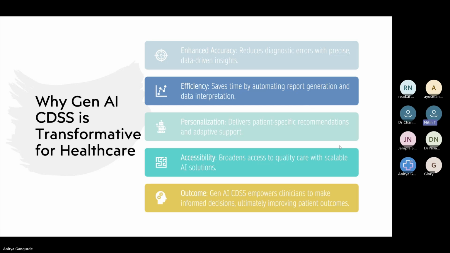So it acts as a trusted assistant. If we have a partner with us, we can definitely ask them what's your opinion, what's the differential diagnosis, what's the treatment you are suggesting. All that we can get in real time from this platform. So the outcome is that it empowers clinicians to make informed decisions, and ultimately our aim is to improve patient outcomes.